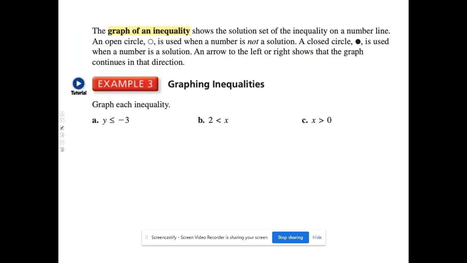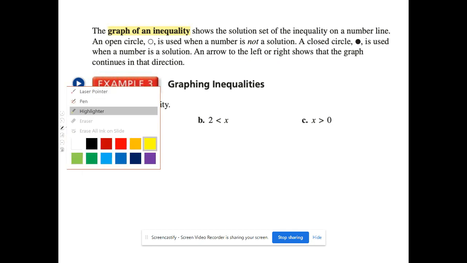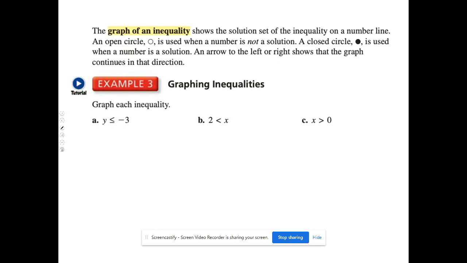Next thing that we want to look at, and this is a key thing in the notes, I'm going to highlight it, is the difference between an open circle and a closed circle. An open circle is used when a number is not a solution, and a closed circle is used when a number is a solution.